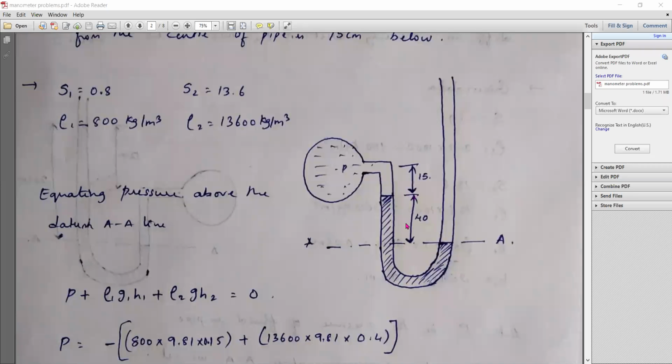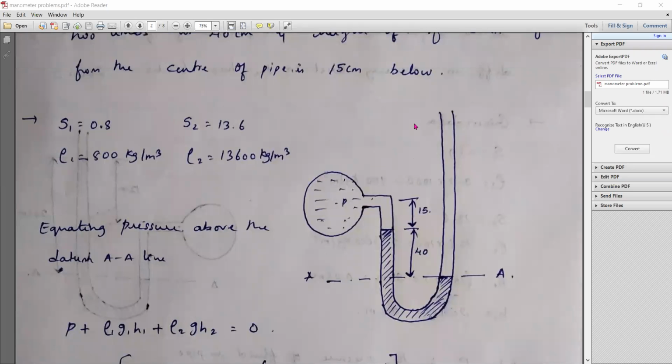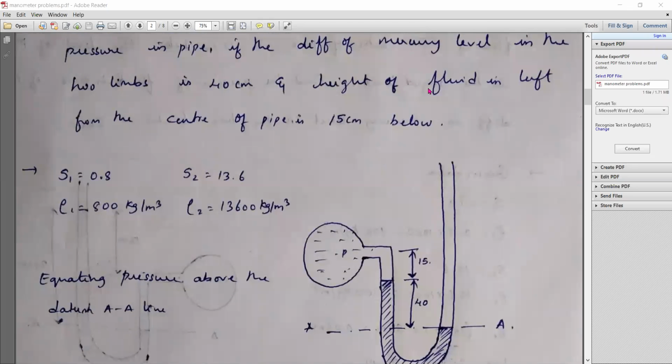He said the difference in the manometric fluid is 40, and the center of the pipe is 15 centimeters from here. Last point, the height of the fluid in the left limb from the center of the pipe is 15 centimeters below. So the fluid in this pipe is only 15 centimeters below the center, and this is its h value.